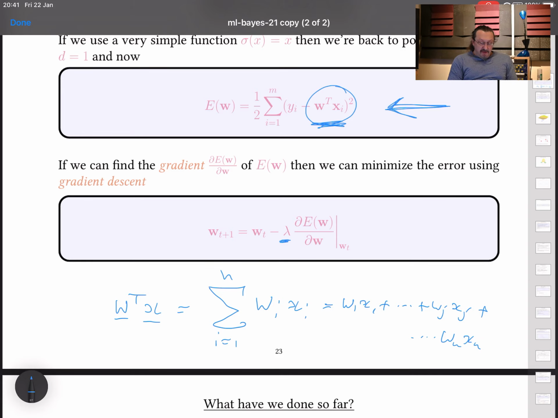Well, if I differentiate that with respect to Wj, the only term that actually depends on Wj is this one, so all the other ones go to 0, and the derivative of this term is just xj.